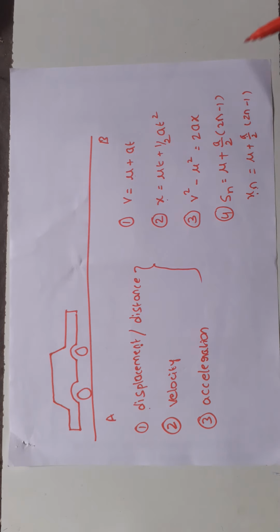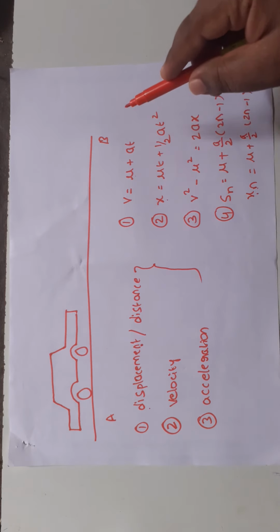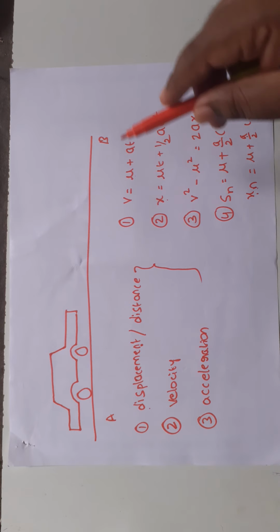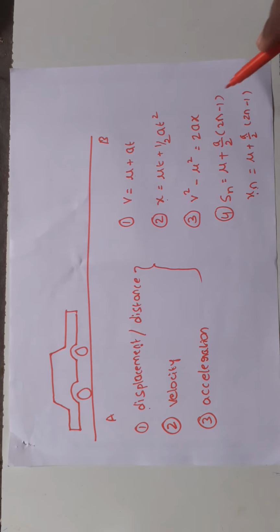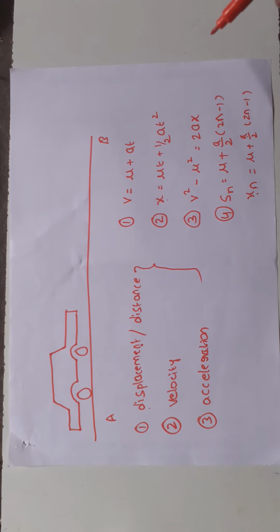So these four equations are called motion equations and also kinematics equations. Okay, if your body is in motion, then the motion of the body can be expressed in these equations. So these four equations are derived by which method?